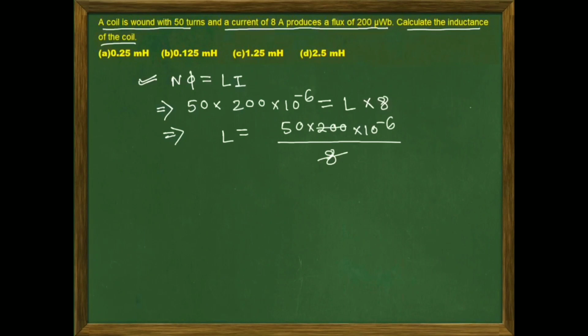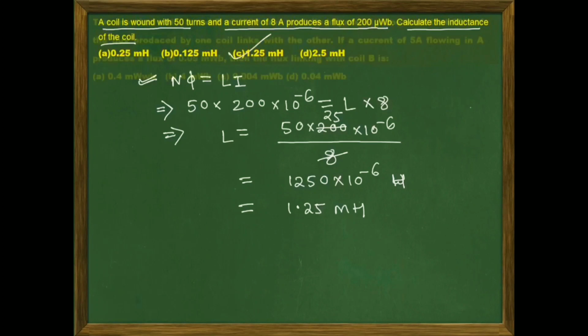Cancelling this we get 25, and 25 into 50 is 1250 into 10 to the power minus 6 Henry, which is also equal to 1.25 millihenry. So option C is the right answer.